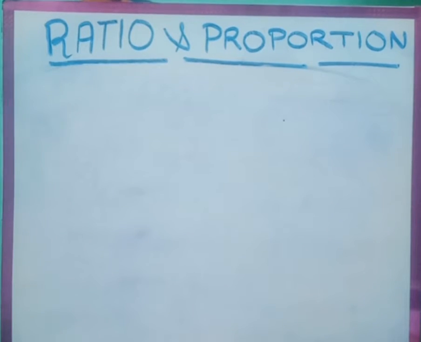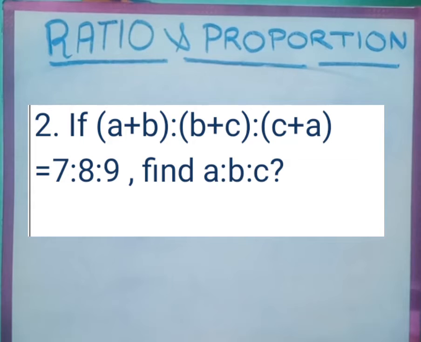So friends, let's move on to the next question. The question is: if A plus B is to B plus C is to C plus A is equal to 7 is to 8 is to 9, find A is to B is to C. Right guys?